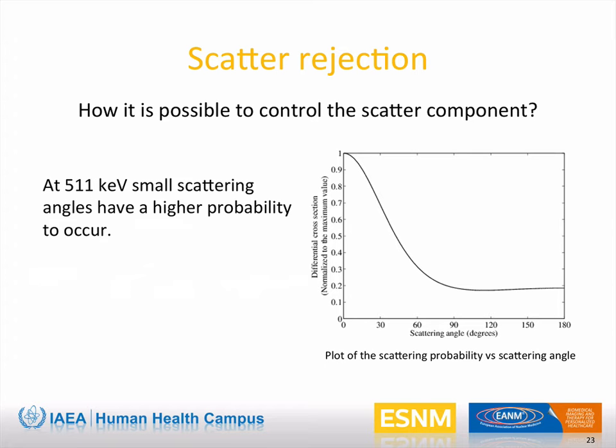In addition, not all scattering angles have the same probability to occur. This figure shows a plot of the scattering probability versus the scattering angle. As one can see, smaller scattering angles have a higher probability to occur.